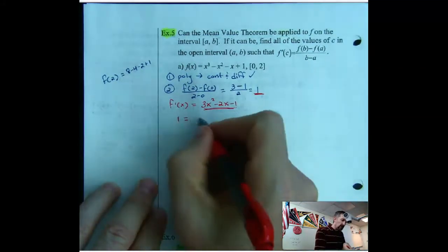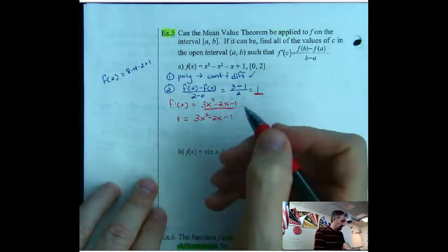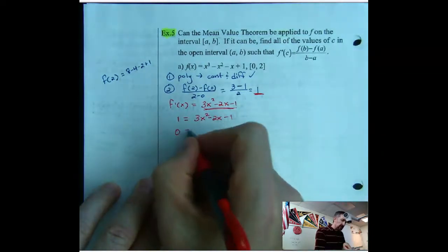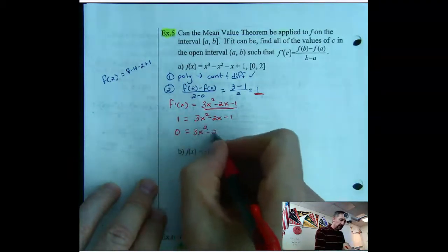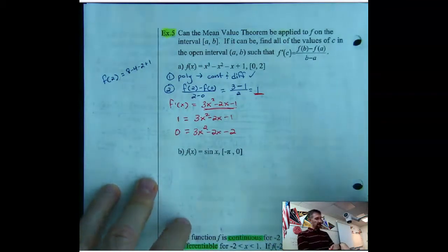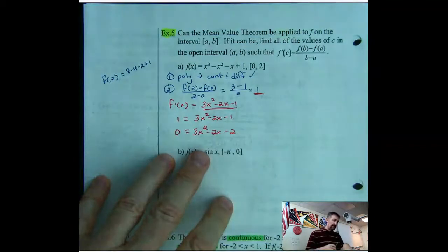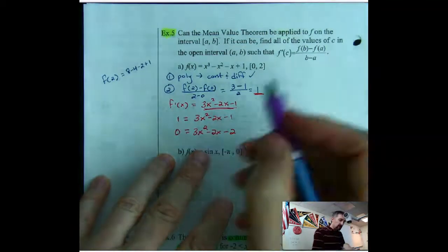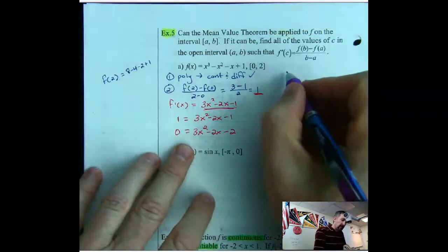So 1 equals 3x squared minus 2x minus 1. So you set that equal to 0, subtract 1 from both sides. Now, this is a little awkward because that doesn't factor again. So we're going to use the quadratic formula on that again.